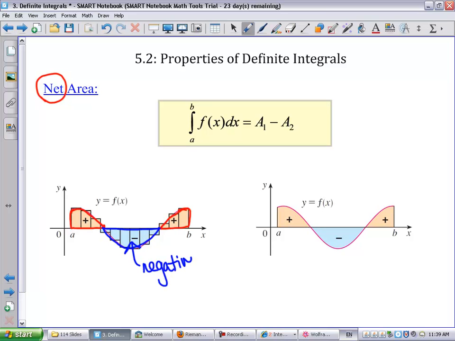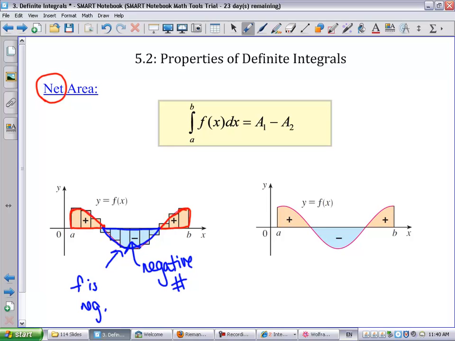Because think about how we're finding height. We're finding height by the f value, the function value. And so here, the f value is negative. So when you multiply the negative number by the positive width, you actually get a negative contribution to your sum.